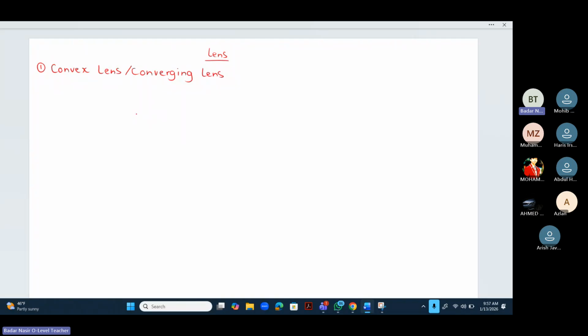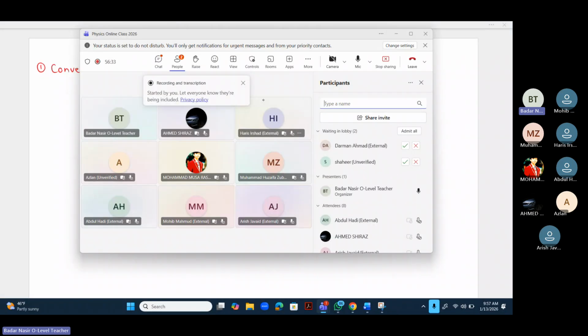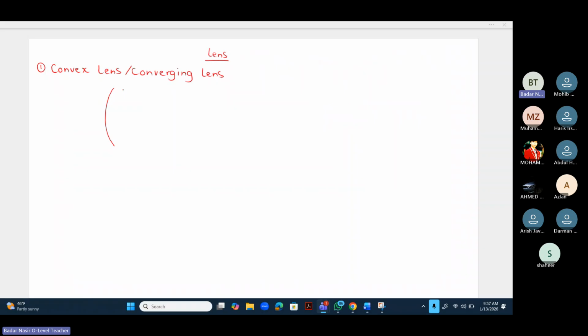So the converging lens, you have, lens is basically made from glass, right? So we have this glass lens, okay, which is thin at the edges and thick at the center.